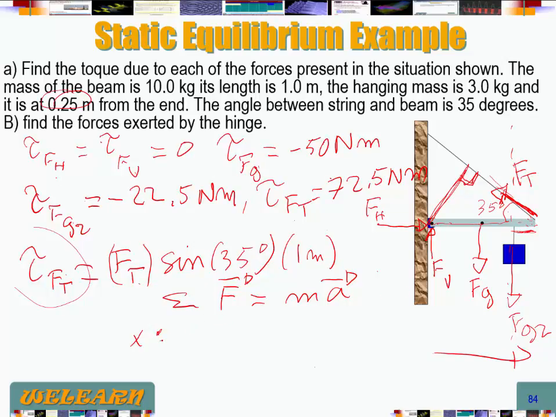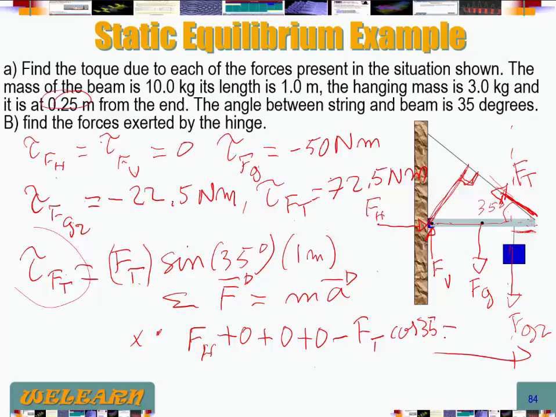When we write that expression along the x, remember the x being the horizontal, Fh is going to be just Fh. Fv is going to be 0. Fg1 is going to be 0. Fg2 is going to be 0. And then for Ft, look at it, it's in the second quadrant, so it's going to be minus Ft cosine of 35.